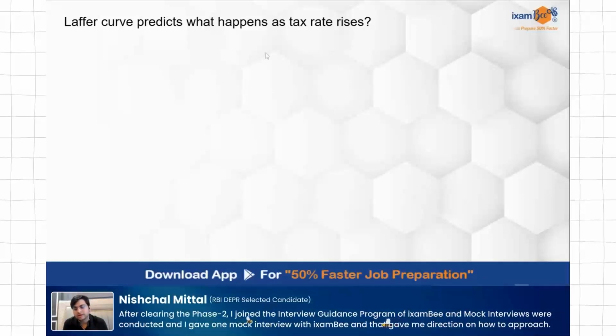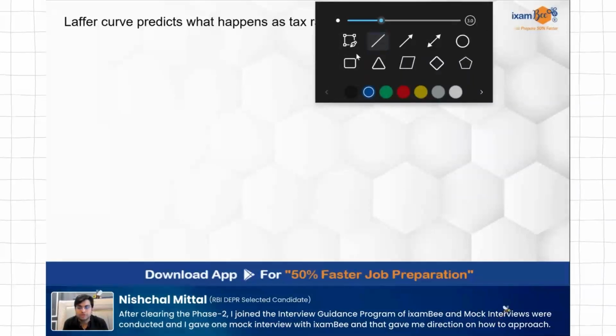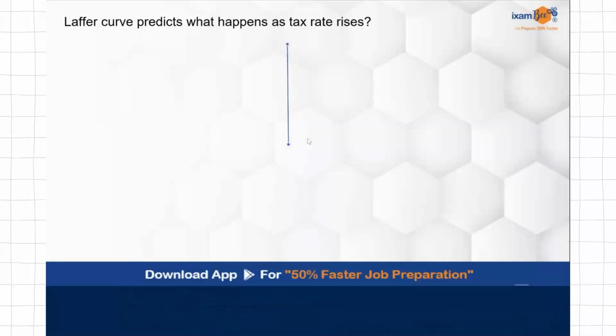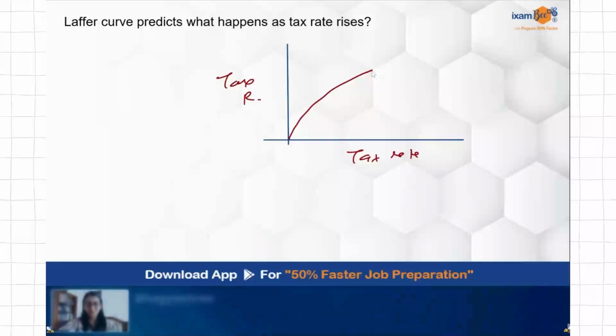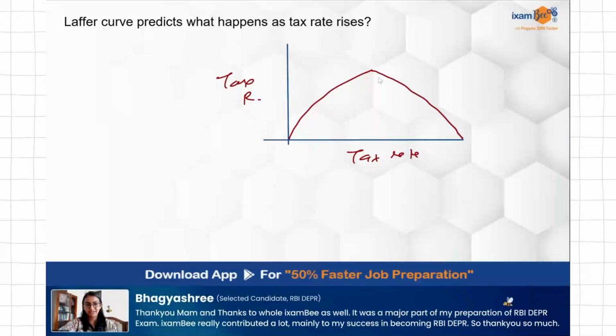Now, the Laffer curve predicts what happens as the tax rate rises. Just drawing the Laffer curve picture: here I put tax revenue, here I put tax rate. Your Laffer curve will look somewhat like this. So this is the optimal level of tax rate. What is the Laffer curve telling us?